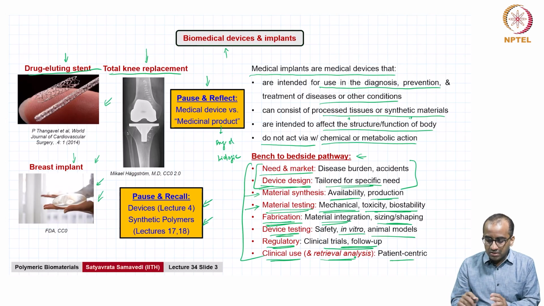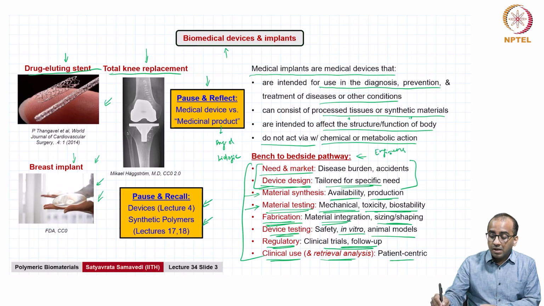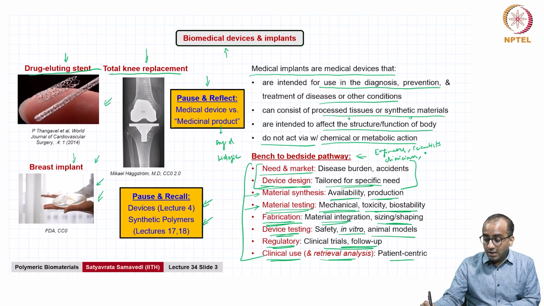Now, you see, this is a very complex pathway requiring the inputs from several people, and just one quick list will tell you how complex this pathway is. Engineers, scientists, clinicians, regulatory agencies.